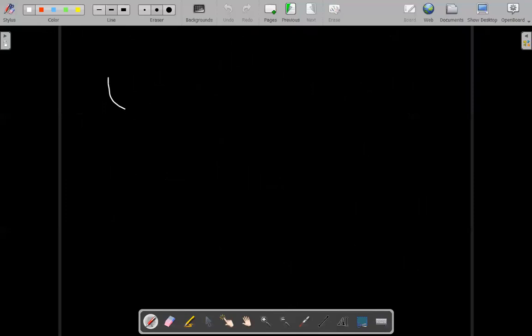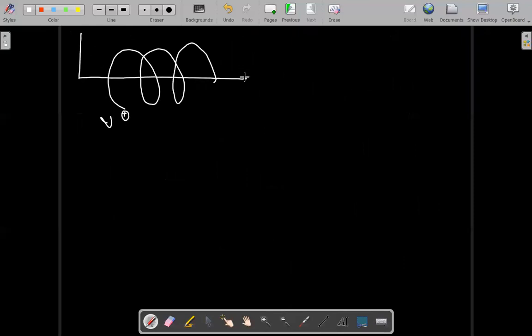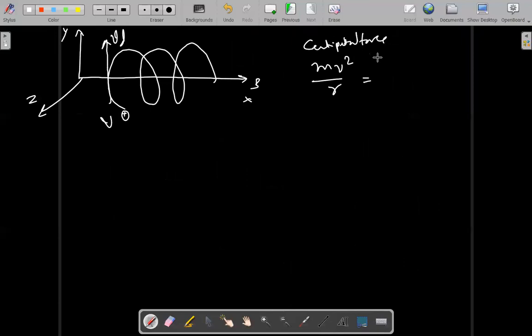So we have drawn that kind of helical path. This is the plus q going, and this is the magnetic field, this is the x direction, this is the y direction, and the particle will be moving this way, and this is the drift velocity, and this is the z. What it says is mv squared by r, that is the centripetal force, is equal to qvB.